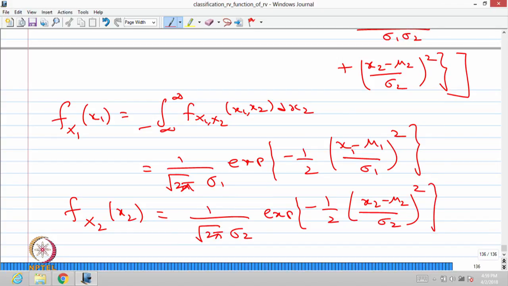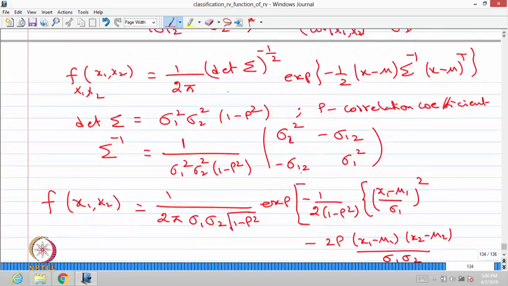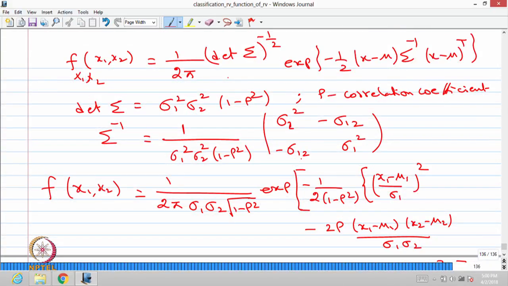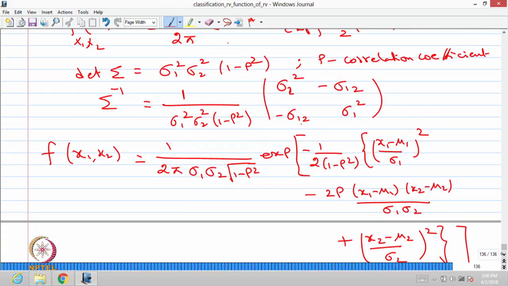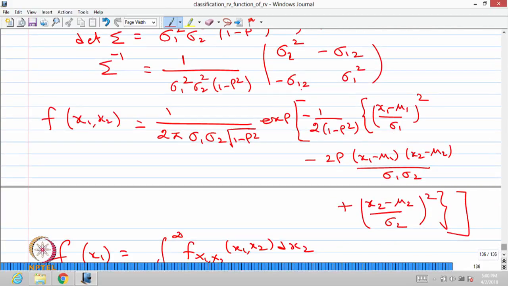By seeing the probability density function, you can make out this is a normal distribution with the mean mu1 and the variance sigma 1 square for the random variable x1. Similarly, the random variable x2 is also normally distributed with the mean mu2 and variance sigma 2 square, whereas the joint one is the joint probability density function of the bivariate normal distribution.